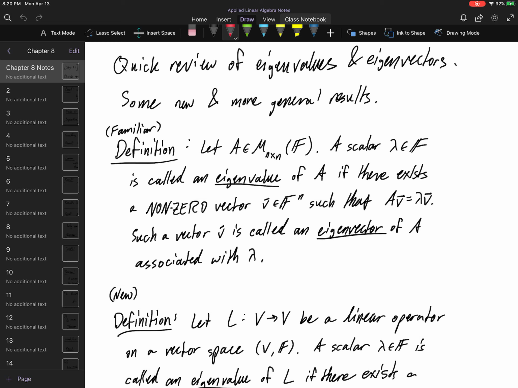We're going to take a scalar lambda in F and call it an eigenvalue if there is a non-zero vector v sitting in F^n such that A times v is the same thing as lambda times v. In other words, matrix multiplication looks like scalar multiplication along this vector. Such a vector is going to be called an eigenvector of A associated with lambda.